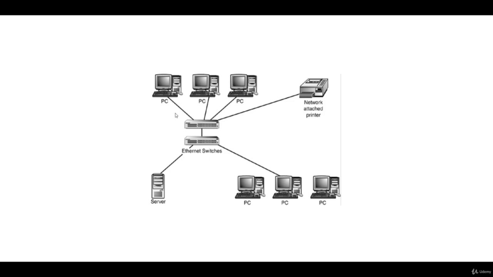So if this computer wants to reach this destination, the switch needs to know what is the MAC address of that computer and what is the MAC address of this computer. All the MAC addresses and this information are stored in the switch, in the MAC address table.